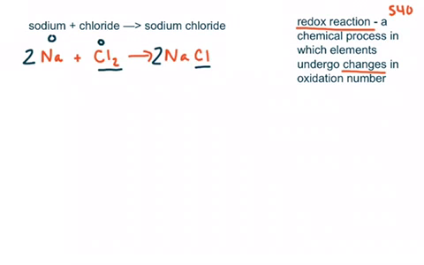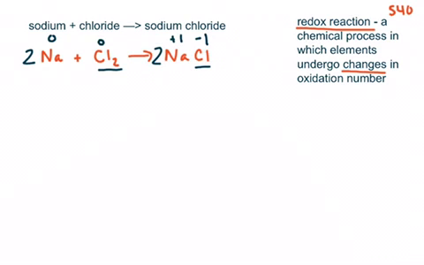However, when we look to the right, when they're in the compound, we'll start with the most electronegative atom. As an anion, chlorine would have a -1 charge, so that will be its oxidation state. And so sodium, in order to make it neutral, will have an oxidation state of +1.